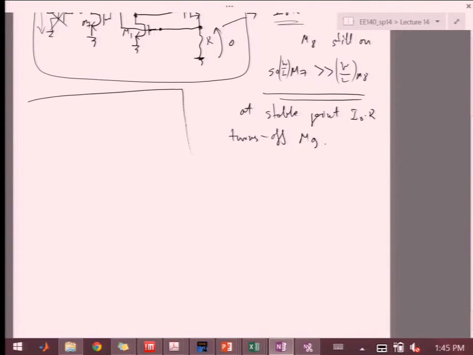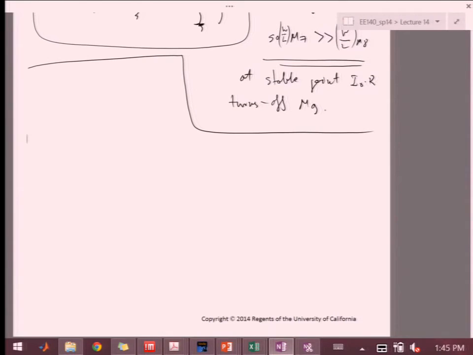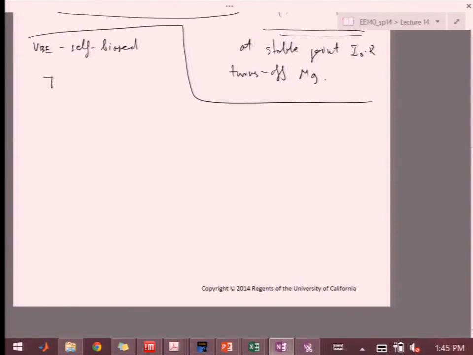Okay, let me give you a few other circuit examples. So this is for VBE self-biased. Again, we have a current mirror at the top. And now we're just doing the current source a little bit differently. So in this case, we're going to have our VGS source here.